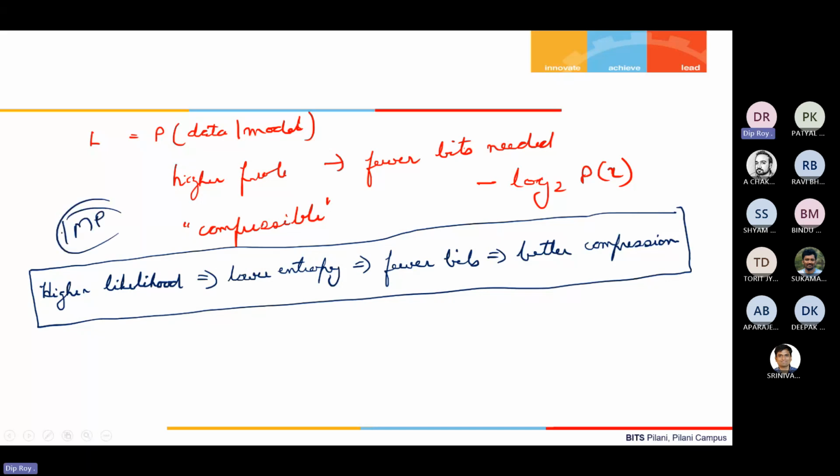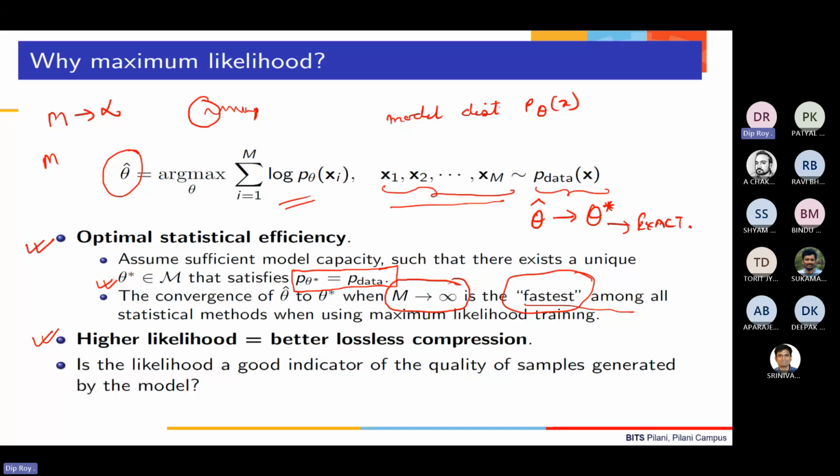Okay. So now the next question that comes to our mind is: is the likelihood a good indicator of the quality of the samples generated by the model? Now, ultimately, we are in the generative modeling space. We are talking about deep generative models. We will sample images, right, if we talk about images.